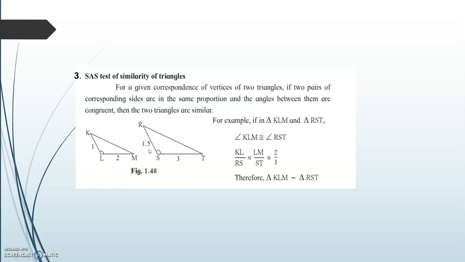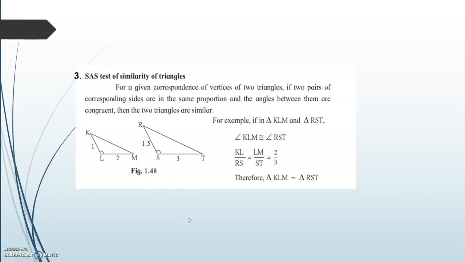When you reduce it, you will get 2 upon 3. LM upon ST is also equal to 2 upon 3. And here angle L is congruent to angle S, which is an included angle. And so we can say triangle KLM is similar to triangle RST by SAS test for similarity.